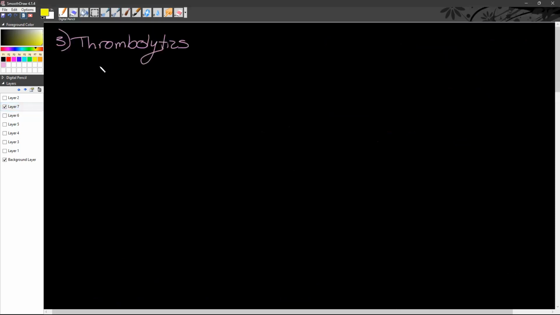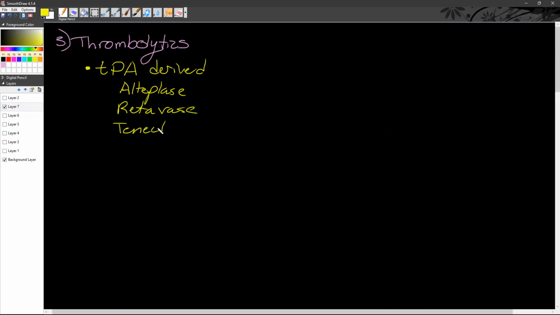So really, all you have to know about the thrombolytics is that the first category is TPA derived, which is your alteplase, your retivase, and your tenecteplase, where these guys are just longer acting. And then the other one is your urokinase derived, and they kind of do their thing.